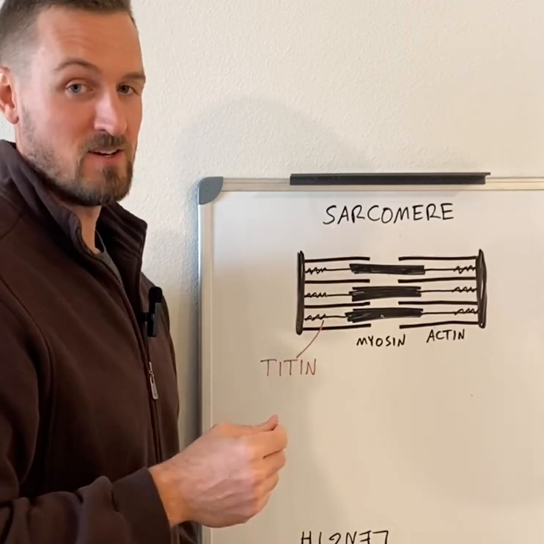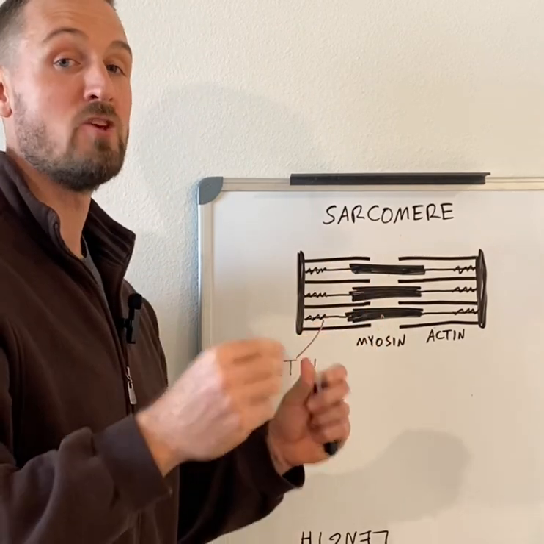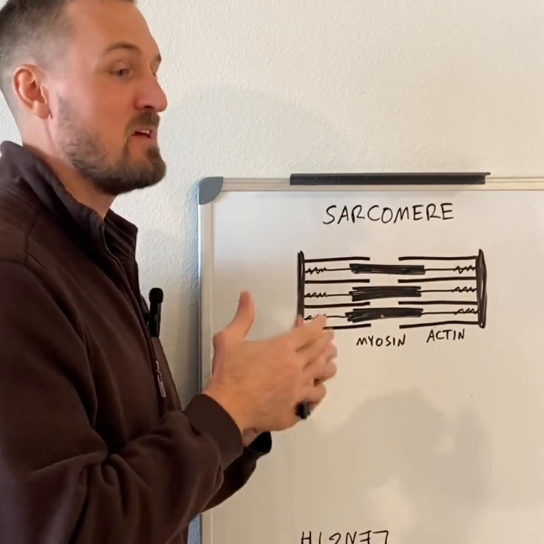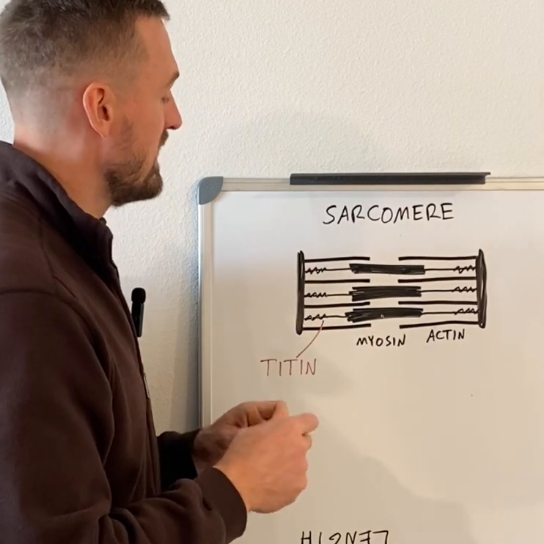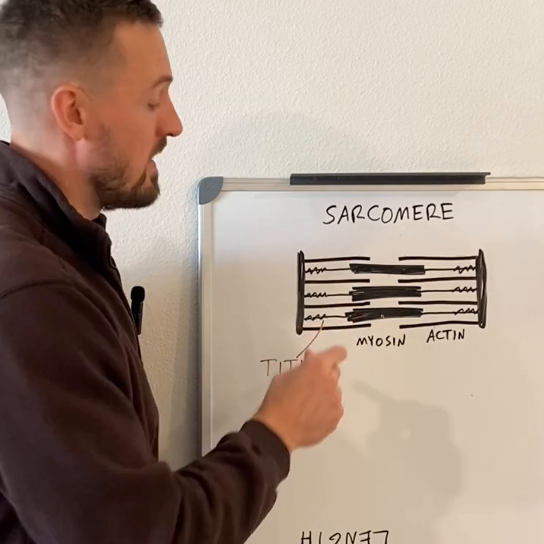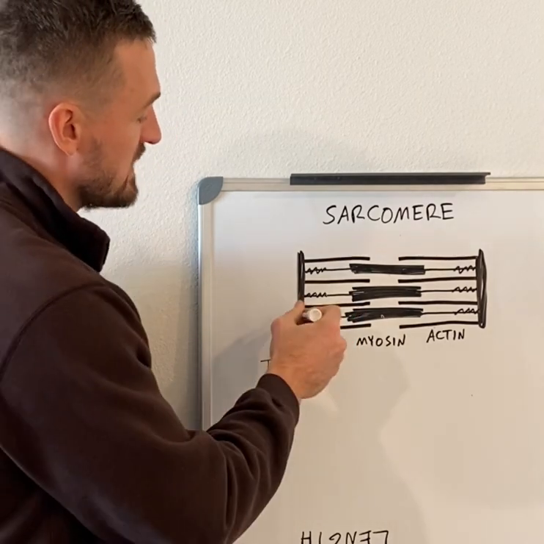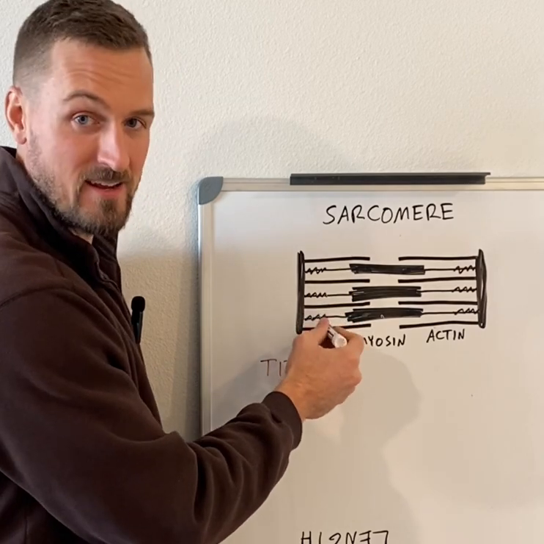The bigger factor is, again, when calcium floods the sarcomere. So this is when you activate the muscle. It's not if you are relaxed, okay? When you activate the muscle, titin actually binds to actin, all right? So I put these little squigglies in here to demonstrate that titin has some slack in it, okay?